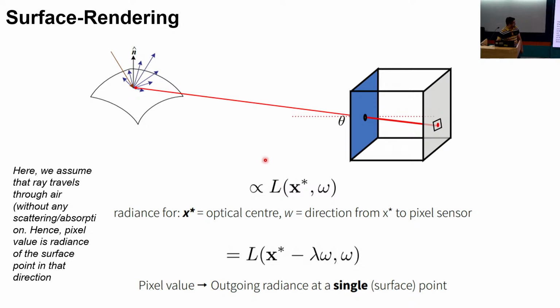Next, we'll go into the concept of surface rendering. Let's say our medium is air, and there is a surface here. Now this surface is emitting some light. Whatever light comes from here, the outgoing radiance from this particular point, is whatever is falling onto the sensor.